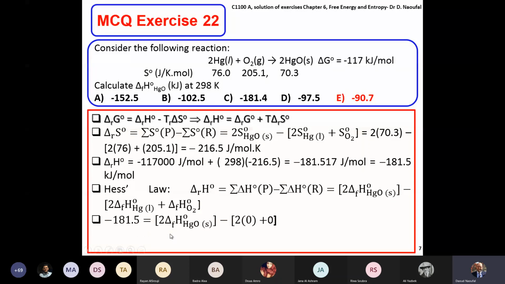So we obtain delta H0 formation of HgO solid equal to minus 90.75 kilojoule per mole. Pay attention, in this case the unit should be kilojoule per mole, since in the definition of delta H0 formation, we need formation of 1 mole of substance. So the correct answer is E.